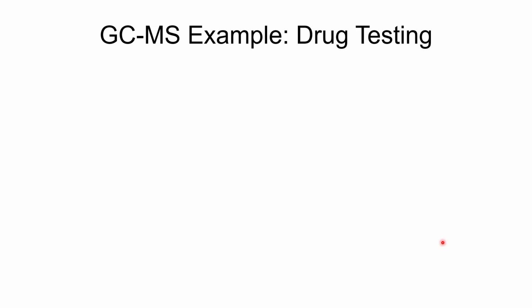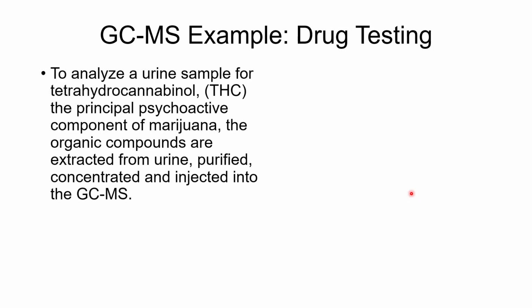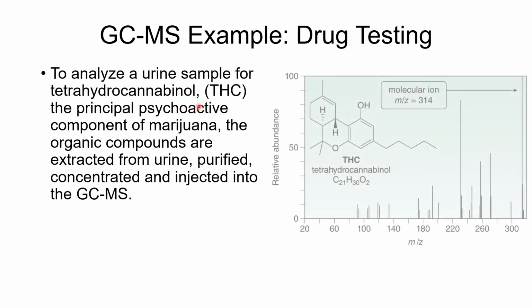So one thing that GC mass spec is used for is for drug testing. There are certain jobs where people just cannot do drugs at all. Certain jobs involve using heavy equipment, or if you have to have a criminal background check, you can't run off to Colorado and go get yourself some edibles.